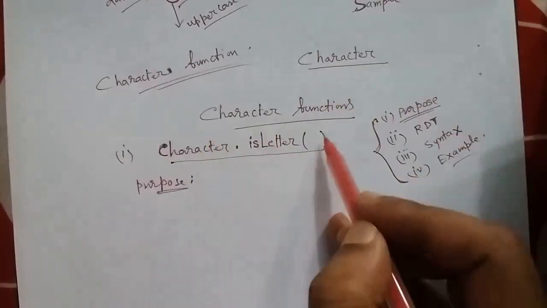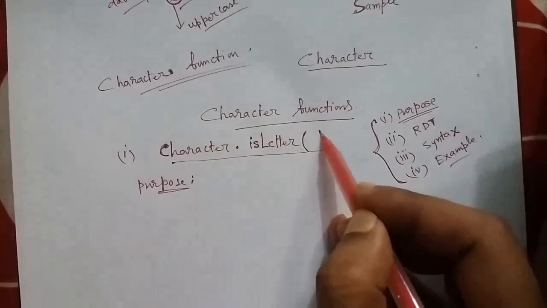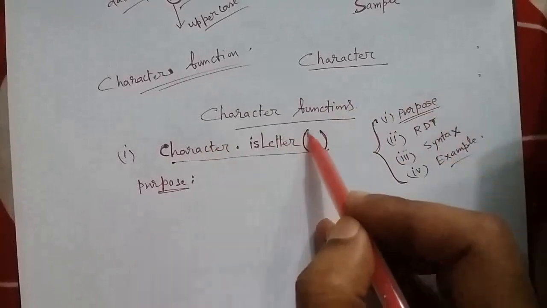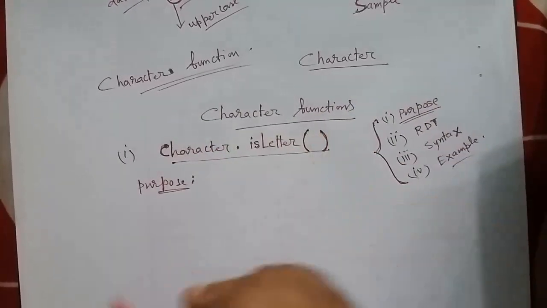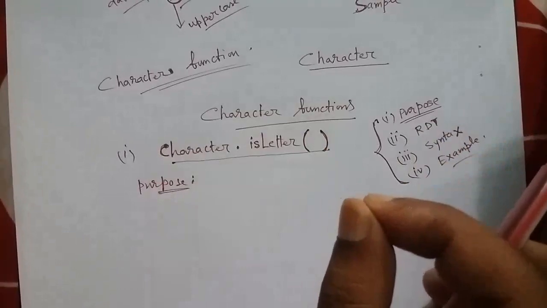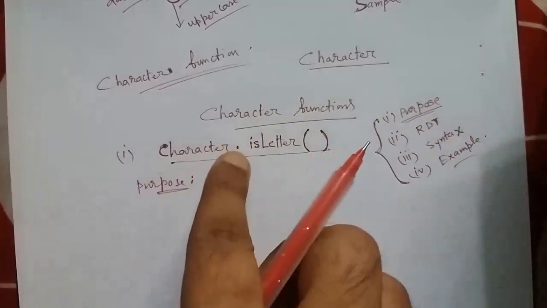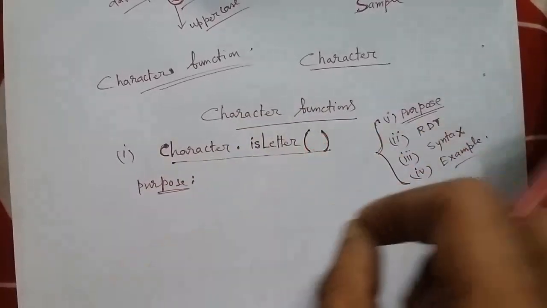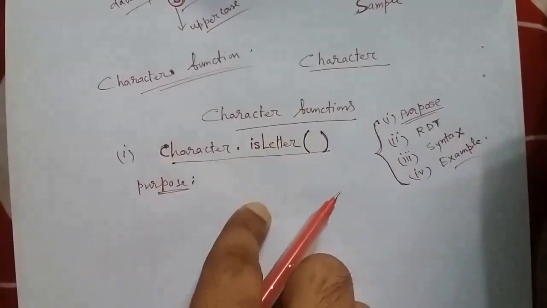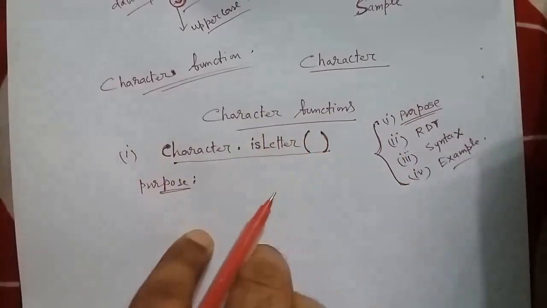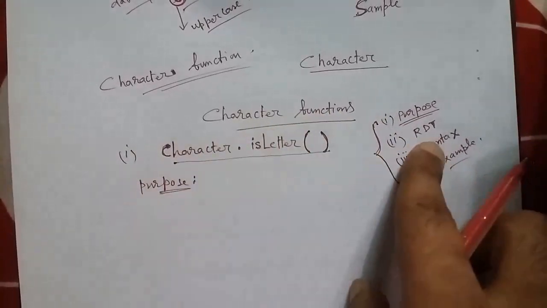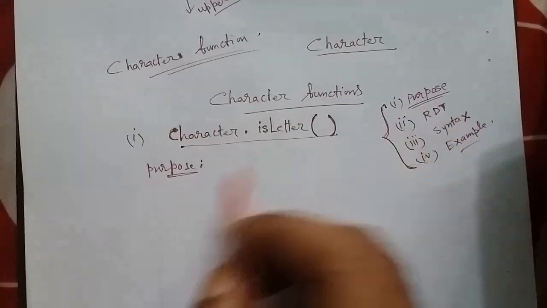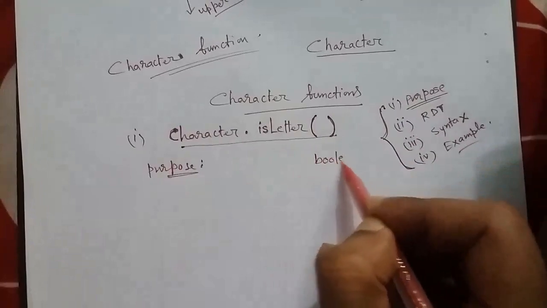So this function accepts a parameter or argument. If that argument is a letter, then this function will return true, and if the argument is not a letter, then this function will return false. That means the return data type of this function is boolean. So from the purpose, we can easily write the return data type. Is that clear? Return data type is boolean.